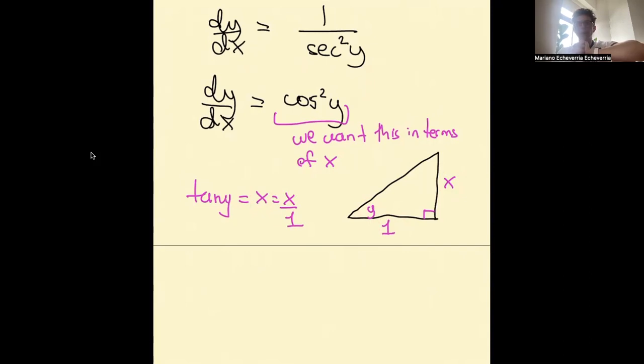But then, what's the hypotenuse for this right triangle? What would be the hypotenuse here, according to Pythagoras' theorem?